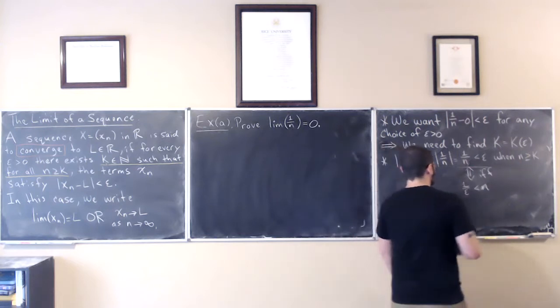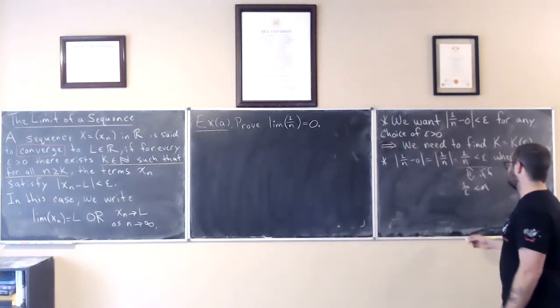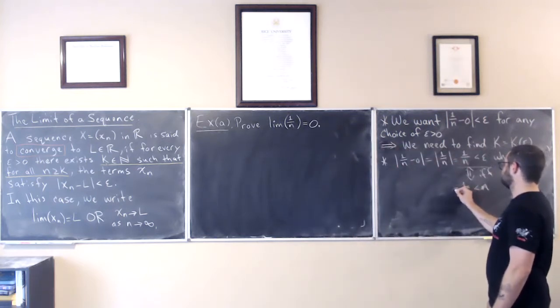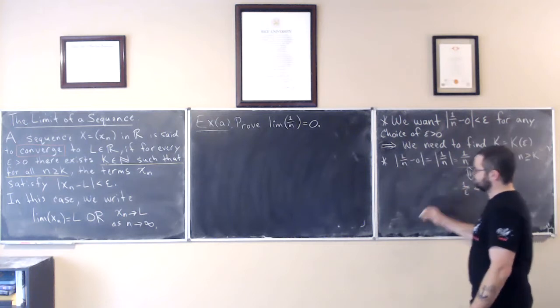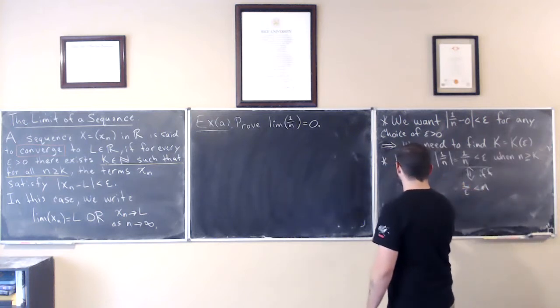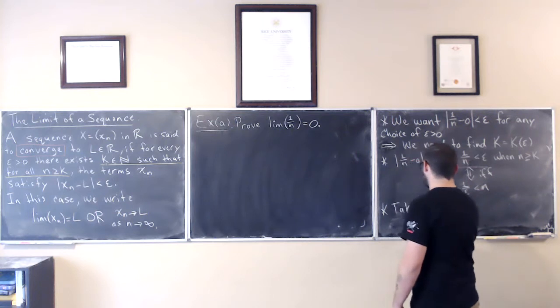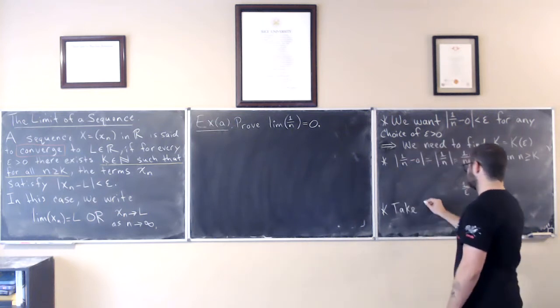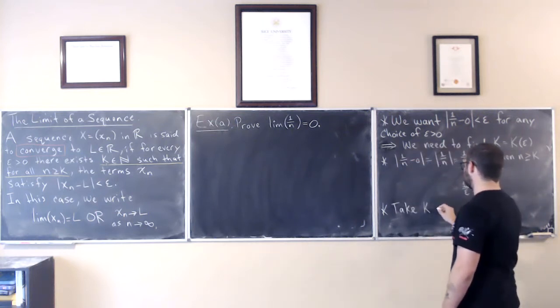So what we can do is say, we can just take k to be greater than or equal to 1 over epsilon.